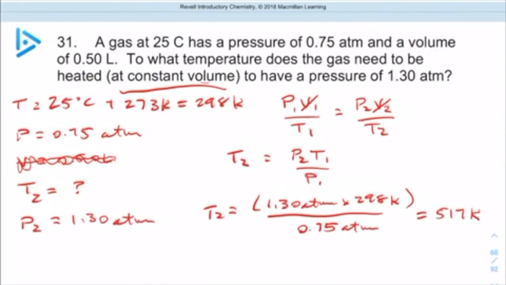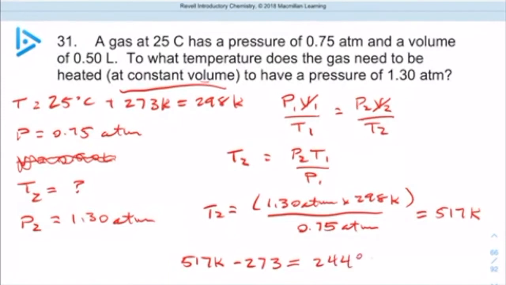Let's see, does it want temperature in Celsius? Not sure, but let's find it out anyway. Minus 273 equals 244 Celsius.